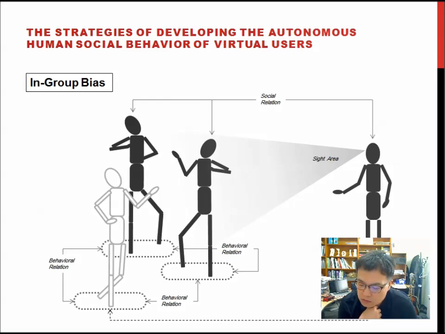When other socially related agents enter the field of view, in-group bias can be implemented by increasing the likelihood of causing socially relevant action in preference to other actions. This image illustrates the strategic operation of this idea in in-group bias.